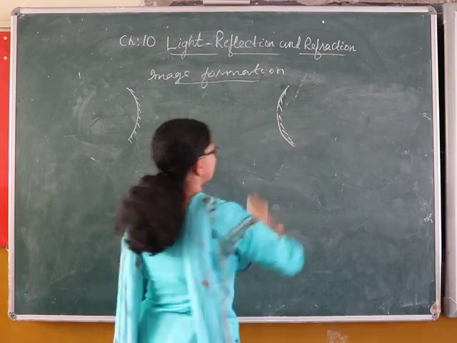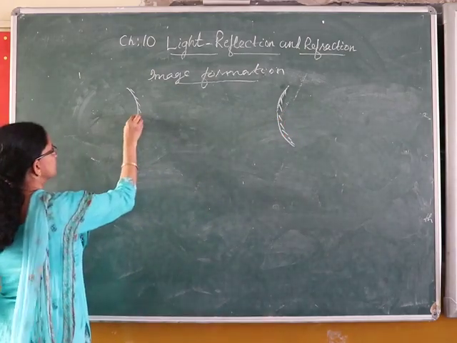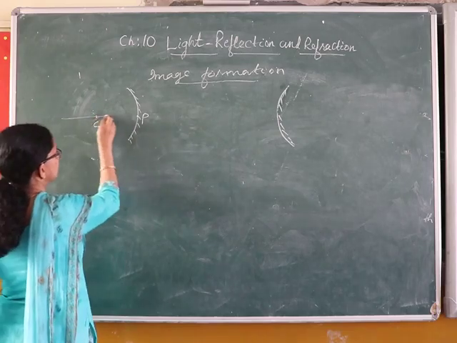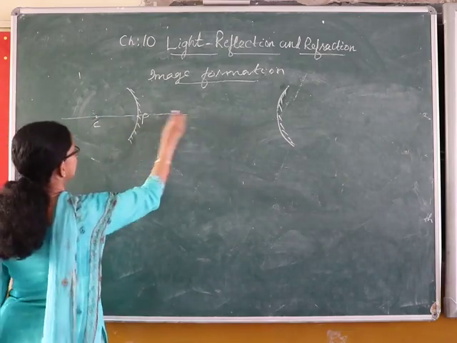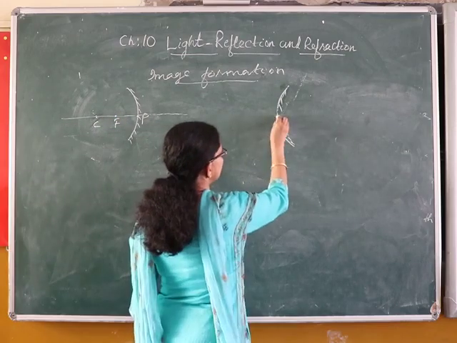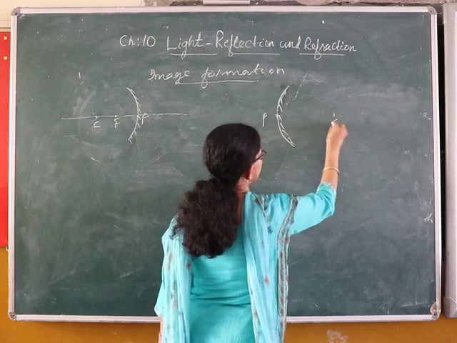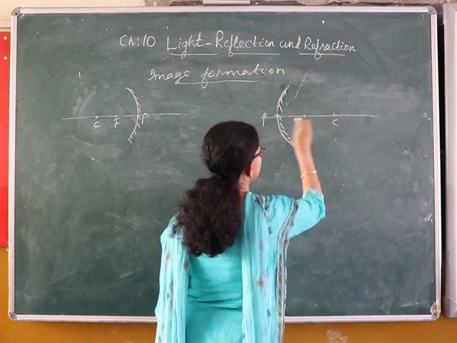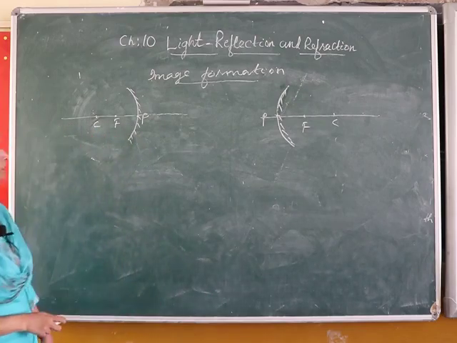and convex mirror. Here is the P and C, center of curvature, and this principal axis, and this is the principal focus, and here again P and C, the principal axis, and the point on the mid, that is the principal focus.